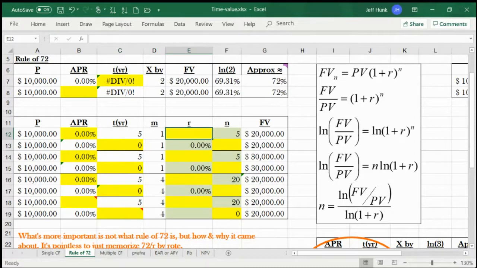We know the formula for rate. Formula for rate is what? Future value divided by present value, raised to 1 over n. So n is 5 because the compounding frequency is 1.